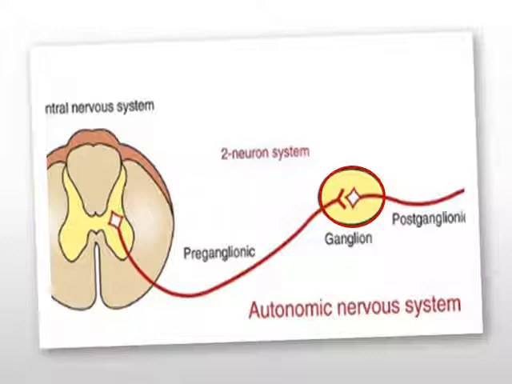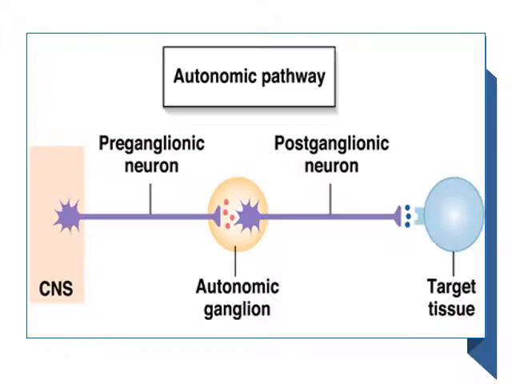So the ratio between the preganglionic and postganglionic fibers is 1 to 8 or 9. So always remember that the autonomic pathway is a two-neuron system. The preganglionic neuron arises from the lateral horn cell of the spinal cord, relaying in the autonomic ganglia. Then the postganglionic fiber arises from the autonomic ganglia to reach the effector organ.